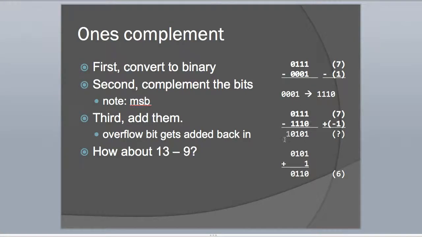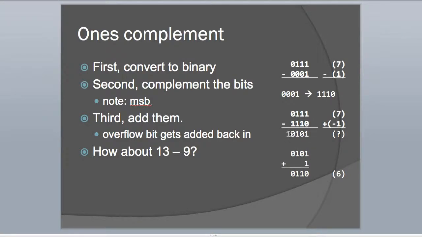Down here we end up with a carry, because 1 plus 0 is 1. 1 plus 1 is 0 with the carry, right? So now we've got a carry here, so 1 plus 1 is 0, and then we have another 1, so that becomes 1 with the carry. 1 plus 1 is 0 with the carry, and there's a 1.